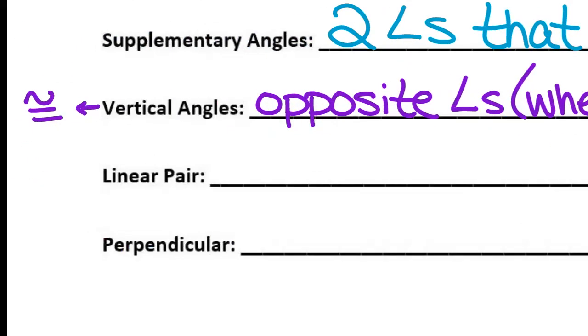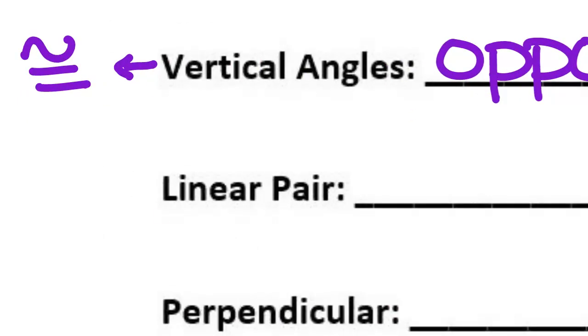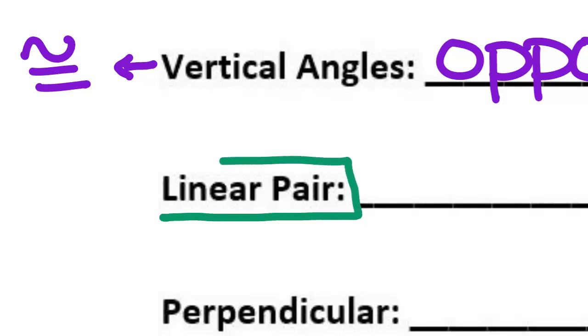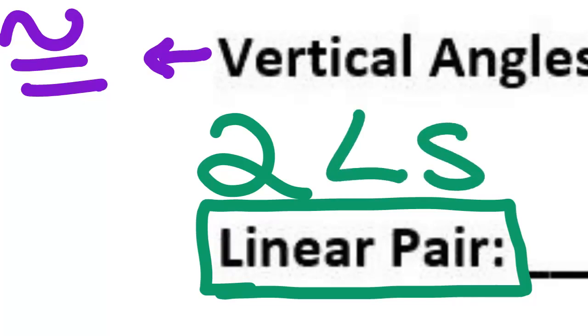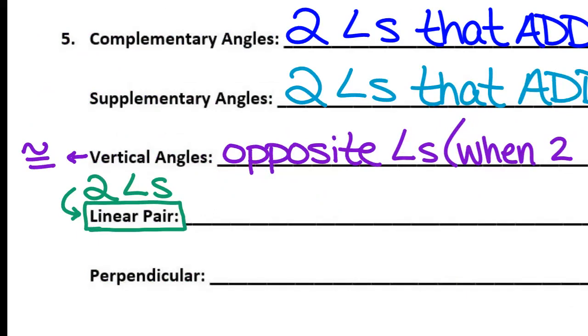We did a pretty good job on the skills check identifying vertical angles. I was very impressed. We seemed to struggle with linear pair. I had a lot of people giving me lines and rays. Linear pair are two angles.